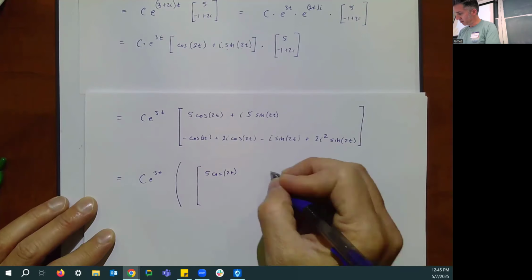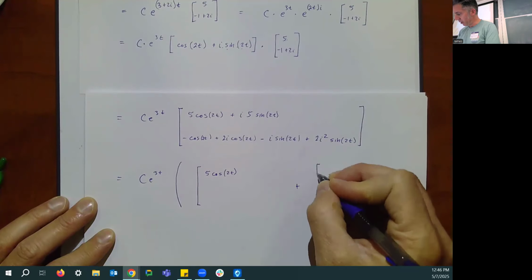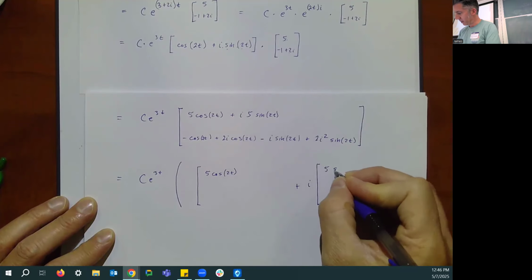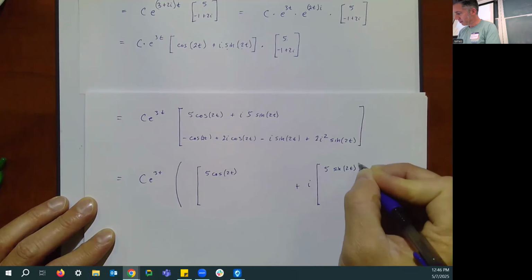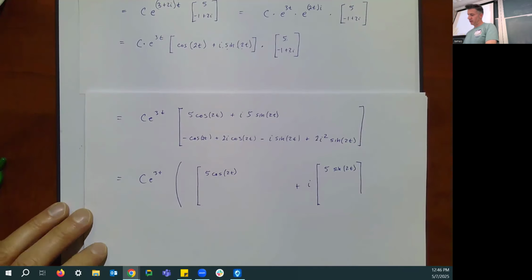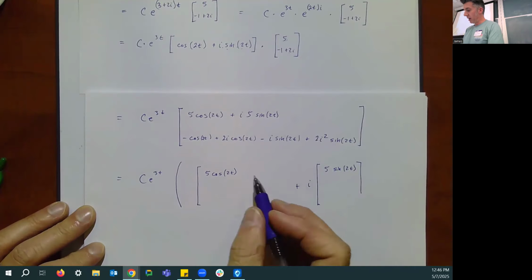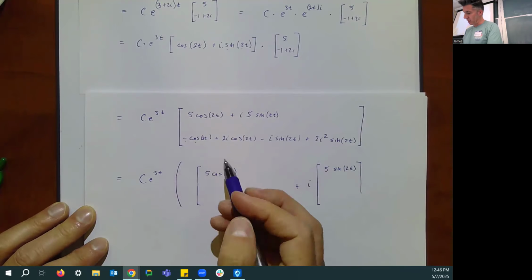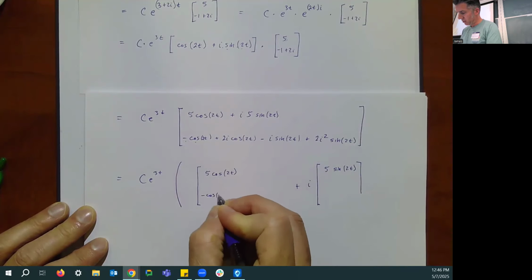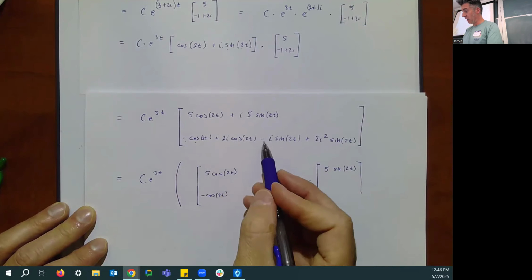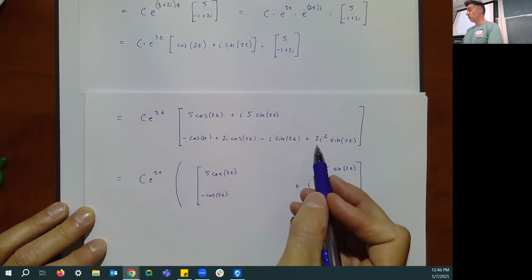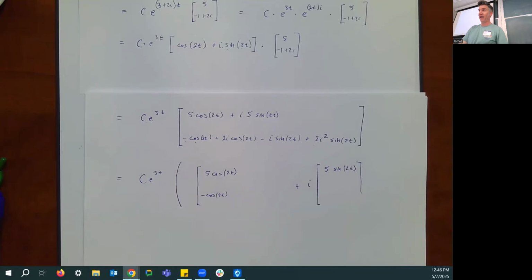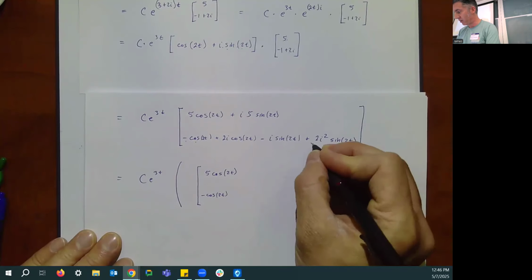Don't close that off yet, I need more room there probably. And in the second component, here's the real parts: the negative cosine of 2t and the -2 times sine of 2t, right? That 2i squared there is equal to -2, a real number.